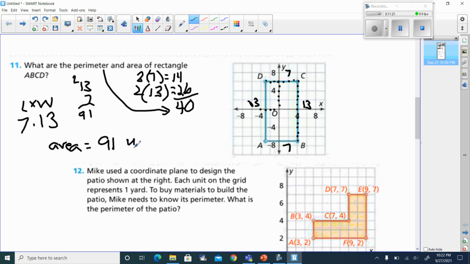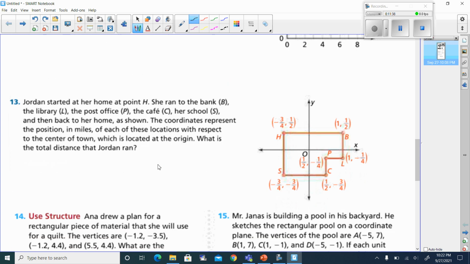Units square. Okay, and we have to say square because this is a two-dimensional figure when we're talking about area. All right, 2 dimensions. All right, let's go to number 13.